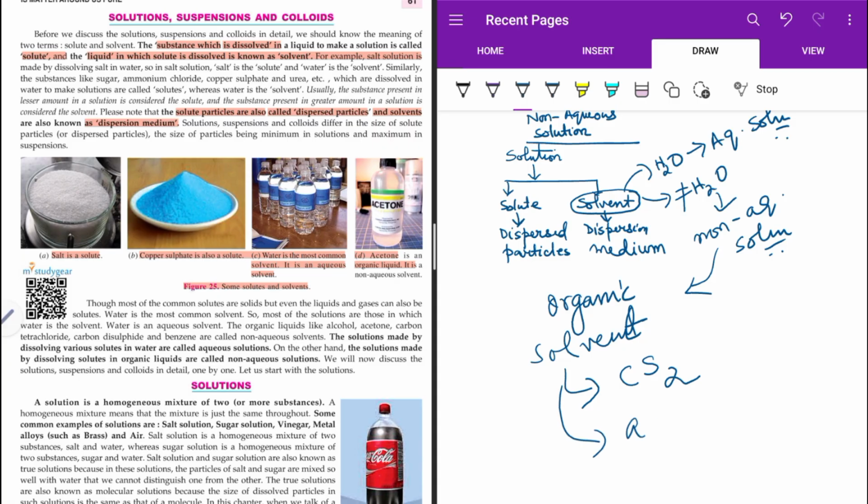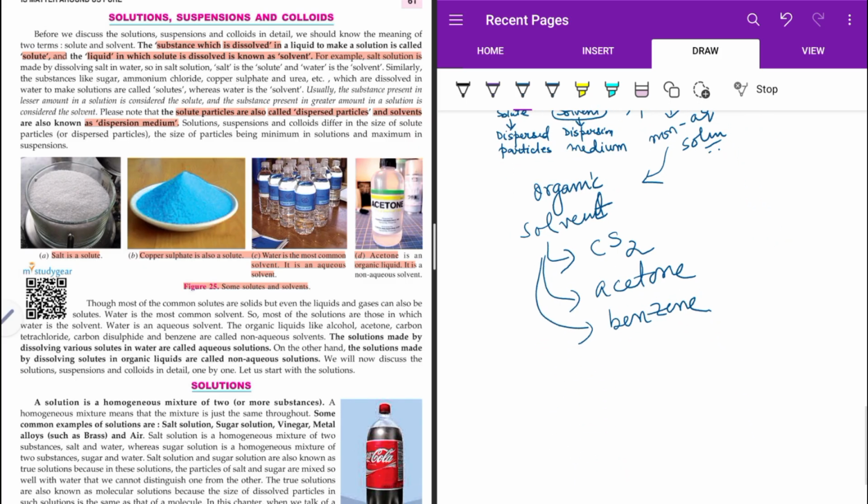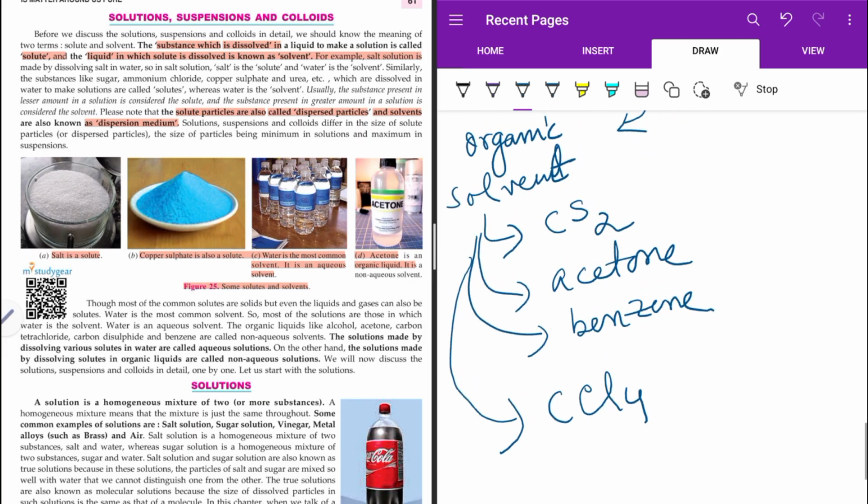Acetone can act as an organic solvent. Benzene can act as an organic solvent. Now CCl4 is carbon tetrachloride. It can act as an organic solvent. When you dissolve a solute in these solvents, it will form a non-aqueous solution.